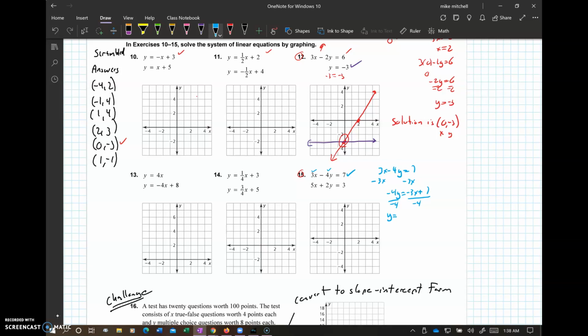Y equals negative over negative is positive, so that's 3/4 x. Positive 7 over negative 4, that's minus 7/4. That's going to be easier to look at as a mixed number. So that's going to be 3/4 x minus 1 and 3/4.